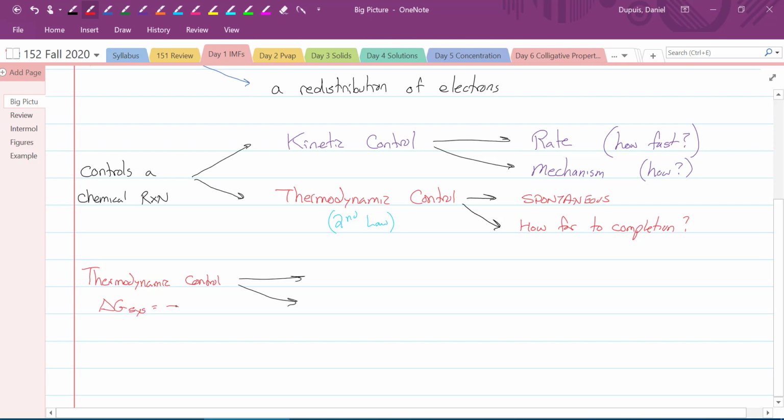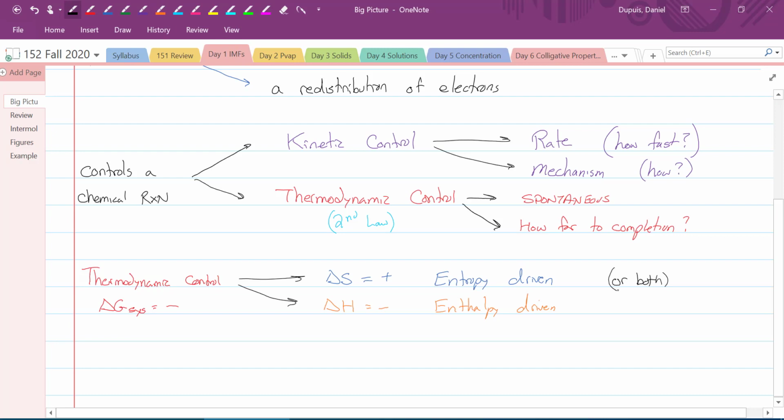That means nothing to us right now, and that's fine. There's two things. Delta S can be positive, which means it's entropy driven. Delta H can be negative, which is enthalpy driven, which you know that one. Or, of course, both. Both could be true.